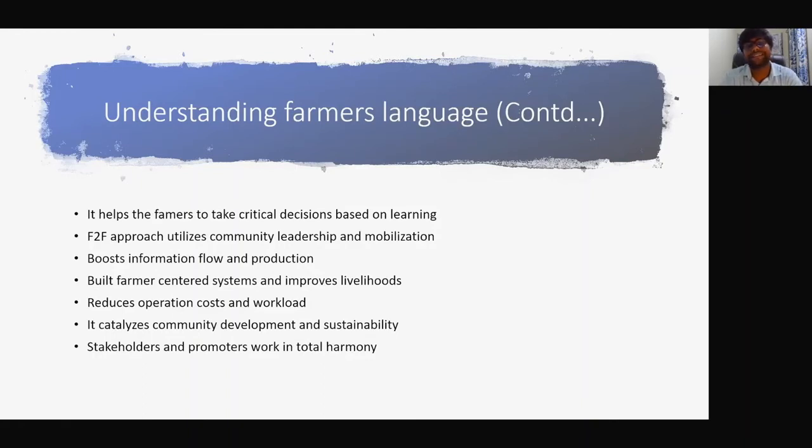So this focused group participation catalyzes community development and sustainability, so that all the rural stakeholders and the promoters work in total harmony for a collective sense and a collective action.